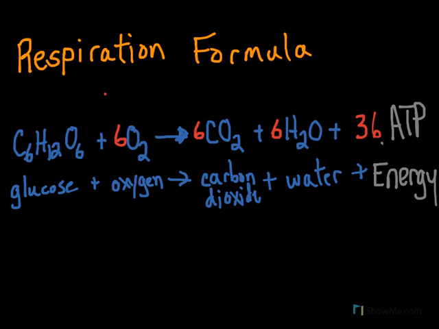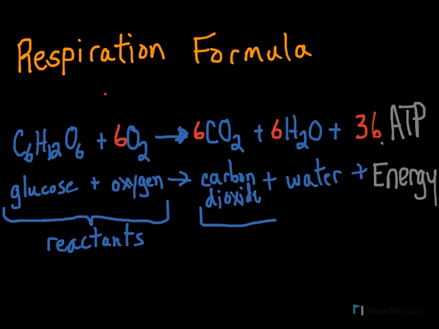Okay, I rewrote the formula for respiration, and you can definitely see that over on the left-hand side are what are called reactants. So we need to label those. Okay, and then on the right-hand side, here, we have products.